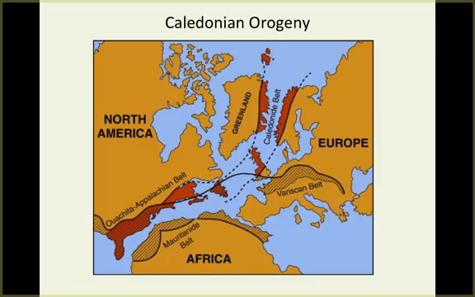For instance, the Norwegian caledonites here are very similar to the Greenland caledonites. And then Barrow and Buchan's area here in the Scottish Highlands is very similar to what we're seeing in North America along the east coast in the Appalachians.